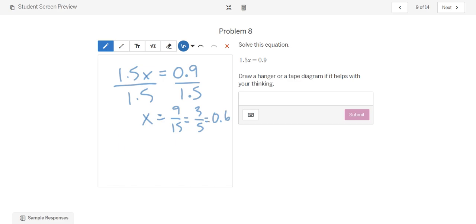So there's lots of ways I can do 1.5 times 0.6. I get 90. One decimal place, two decimal places. 0.90, which is the same as that. So 0.6.